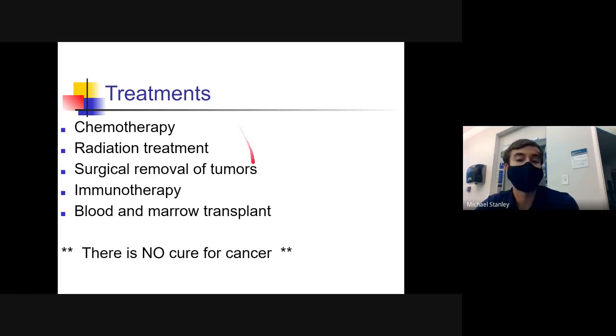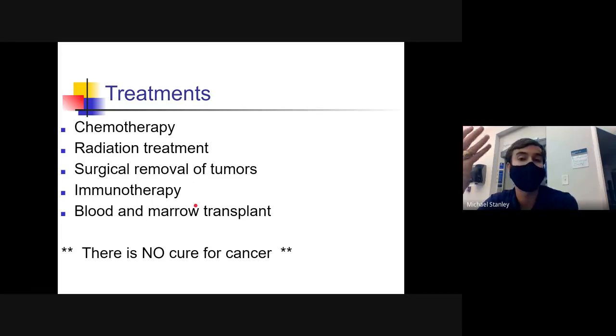Sometimes if you can find the massive tumors and easily take it out, that could be enough to take out all the growing cells so that you're left over with the normal healthy cells. Sometimes you can get new blood or bone marrow to replace the one that is growing all the tumors.